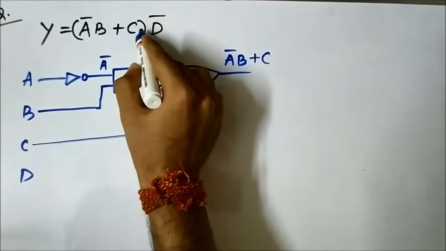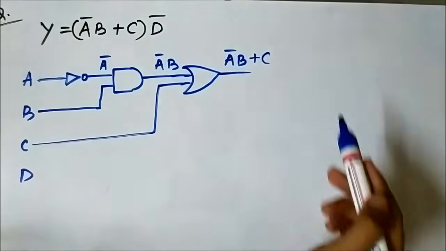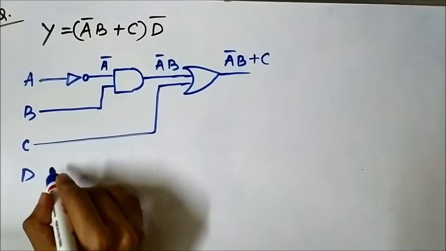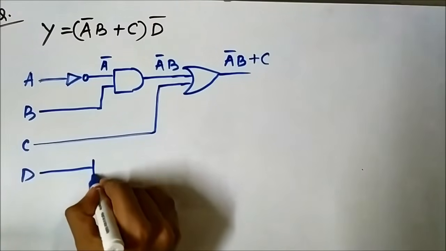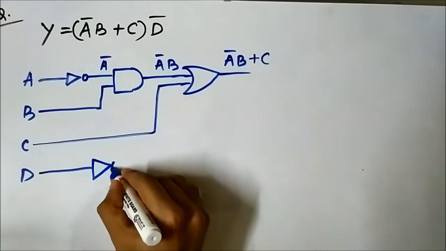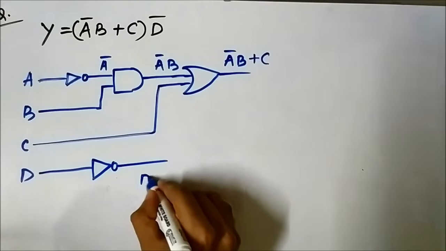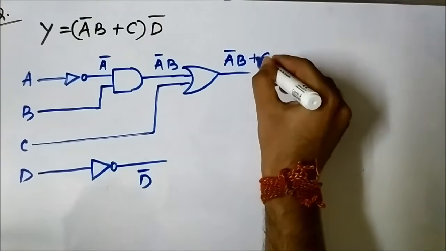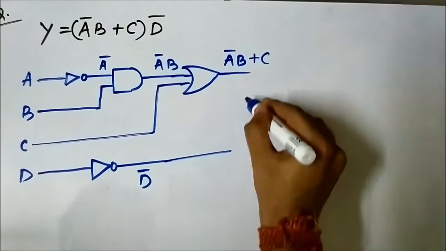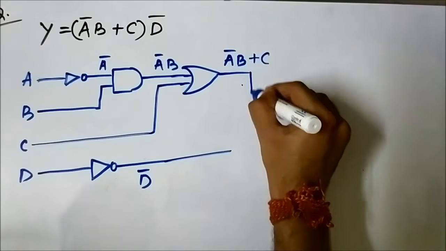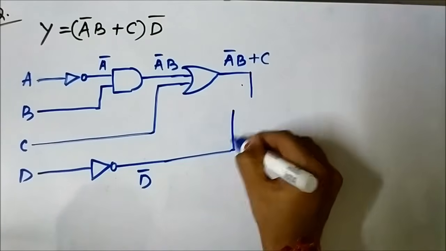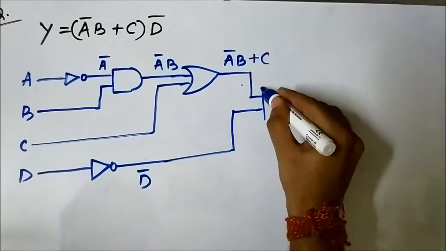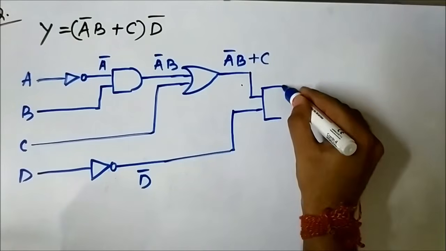Now A bar B or C is ANDed with D bar. Okay, so first we have to get D bar here. It means we have to pass it through an inverter or NOT gate to get D bar, and then these two signals, A bar B or C and D bar, we have to give to a 2 input AND gate.